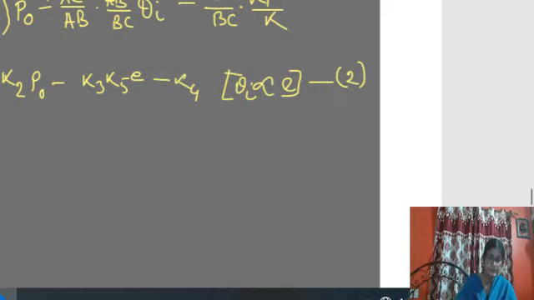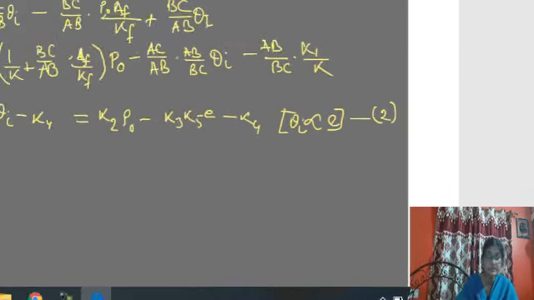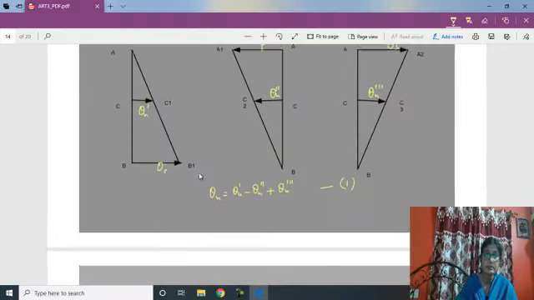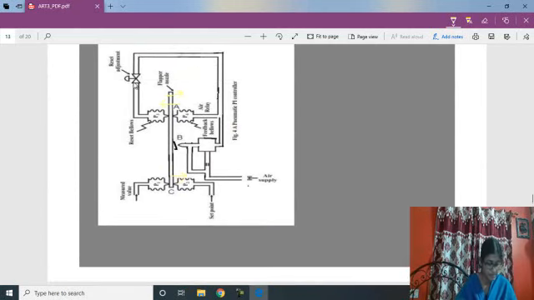So this is the expression for theta I in terms of the nozzle feedback pressure P0 and the error signal, that is the measured value minus set value. Now the mass flow rate through the integral restrictor, shown here, depends on the pressure difference.